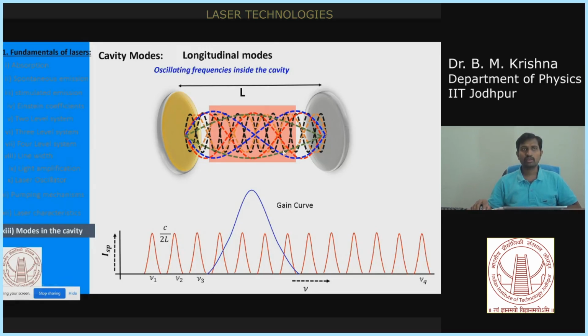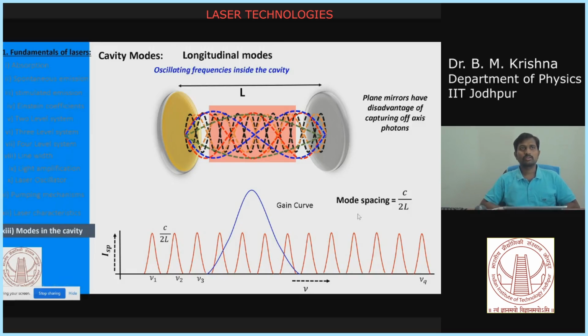Though the cavity can sustain these many modes, your gain medium only gives spontaneous emission, and the spontaneous emission triggers stimulated emission. Those frequencies will oscillate. So all these frequencies will not be there in principle. Even some frequencies under the gain curve cannot give lasing, because they have to overcome the cavity loss. That we will discuss in later sessions.